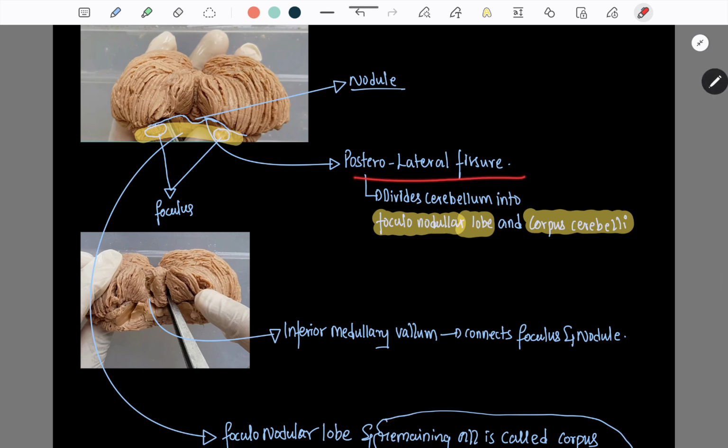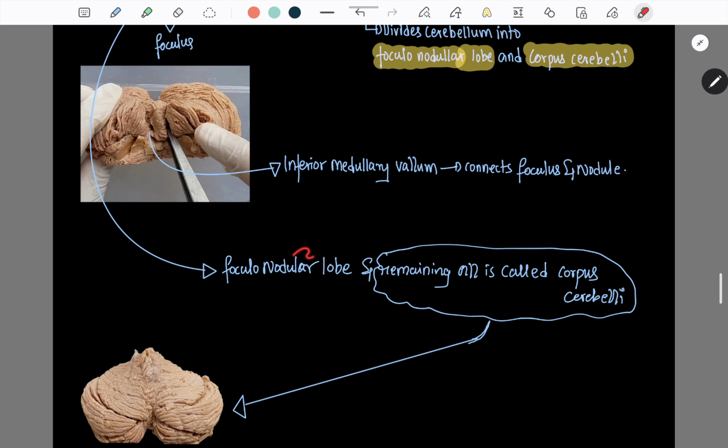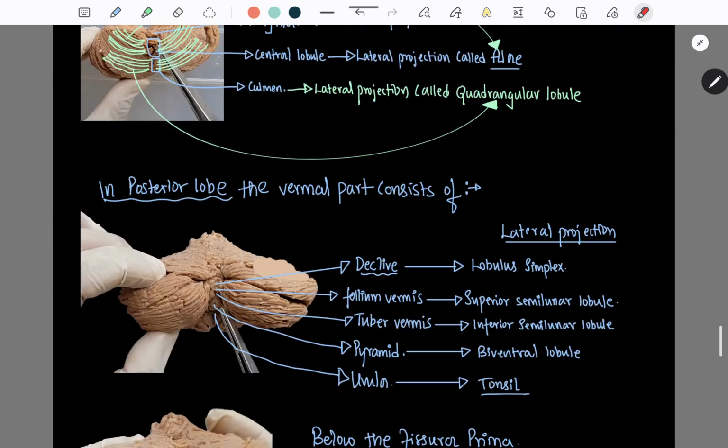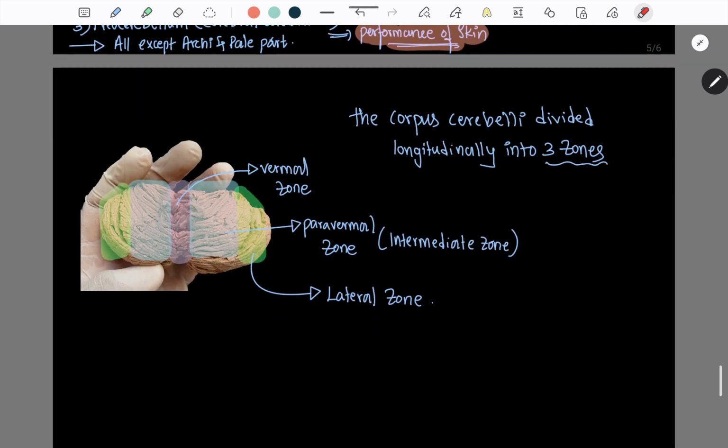This corpus cerebelli is again divided longitudinally into three zones. Here the middle is called the vermal zone. Lateral to that is the paravermal or intermediate zone. Lateral to that is the lateral zone.